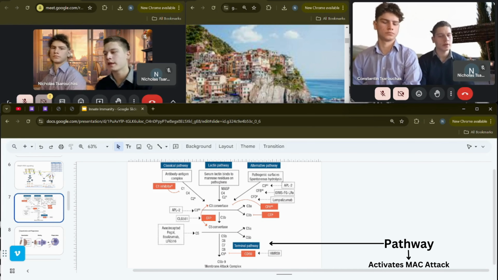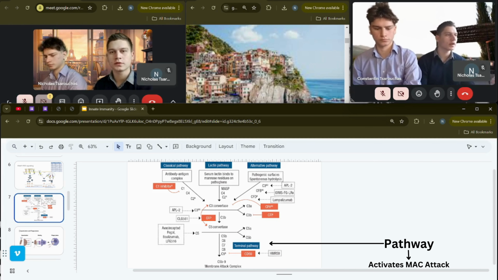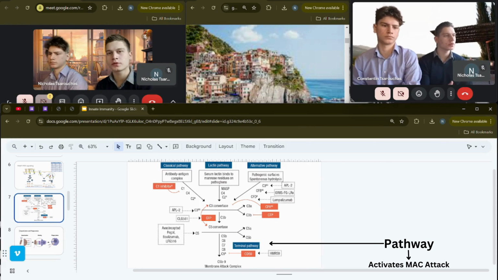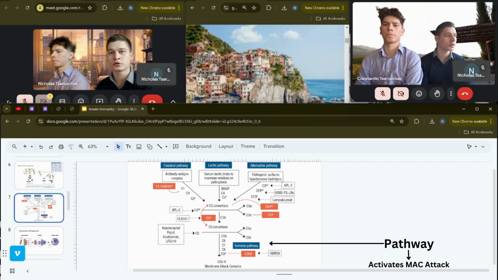The thing here is you have your classical and you have your alternative. It's really for enveloped bacteria that have a cell membrane. If this isn't really present, such as in non-enveloped viruses, this process is non-functional. It's completely pointless.